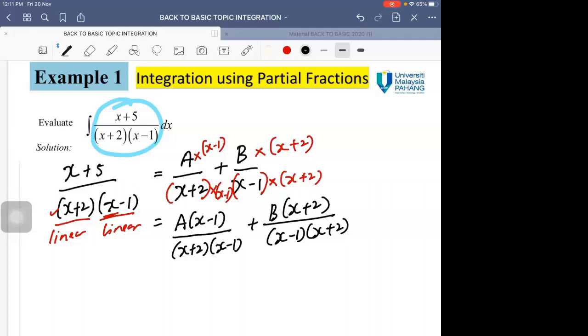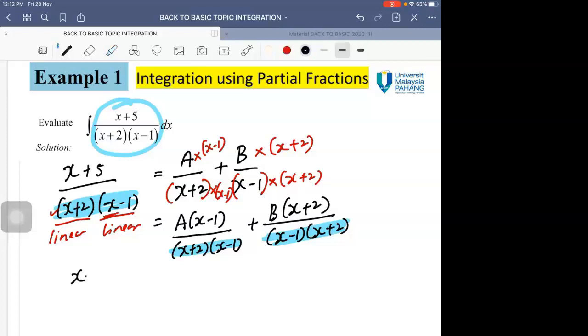A times b equals b times a, meaning x plus 2 times x minus 1 equals x minus 1 times x plus 2. So this linear factor is equivalent with what we have on the left hand side. Dia mesti setara.